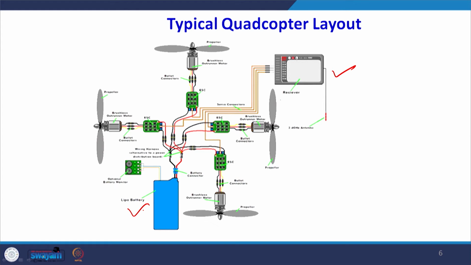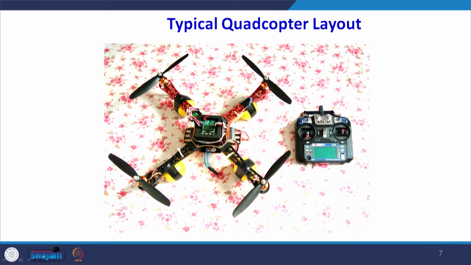Everything is connected to derive the power from the LiPo battery, but there are certain drones nowadays which can derive the power from the solar system also, collecting the data and then transmitting it to the ground receiving station, where the data on a computer can be viewed and further analyzed. So, this is a typical quadcopter layout.